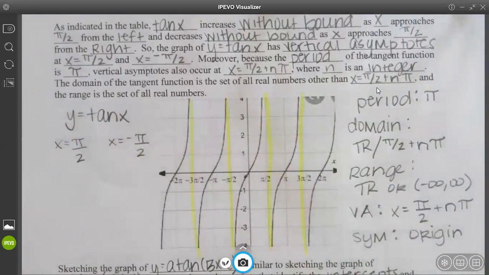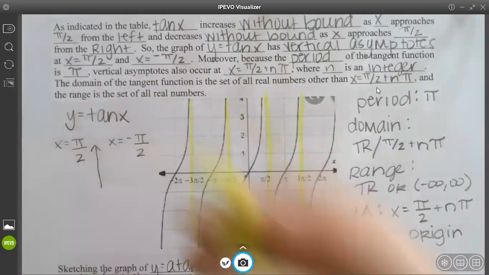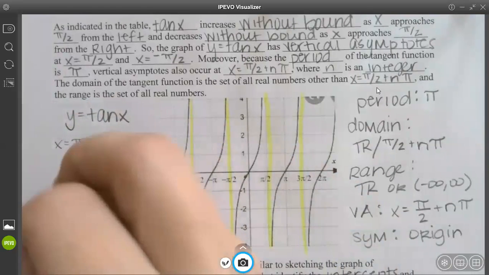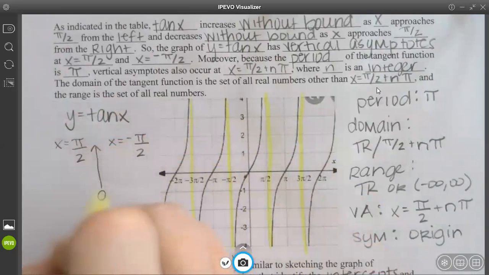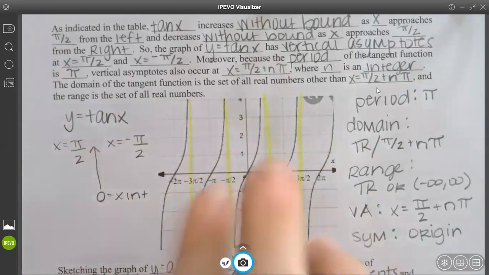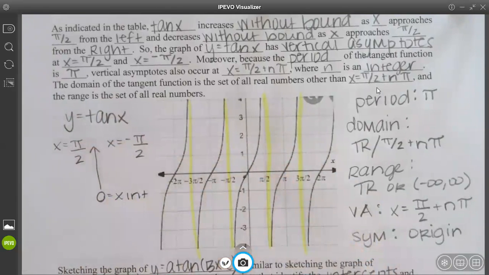I don't have to do anything with it. What is directly in the middle of pi over 2 and negative pi over 2? 0. And this would be an x-intercept. If you look at this graph, directly in the middle of the pi over 2's is 0, an x-intercept. So that's all that's saying.